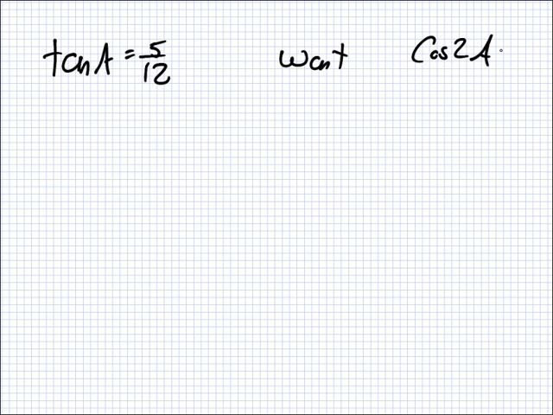So again, I'll keep everything acute to keep it simple. We have tan A equals 5 over 12, and I want cos 2A. If we use our double angle formula, cos 2A is cos squared A minus sine squared A. We need to figure out cos A and sine A. How do we do that?